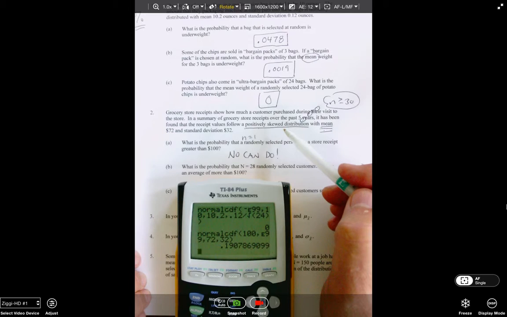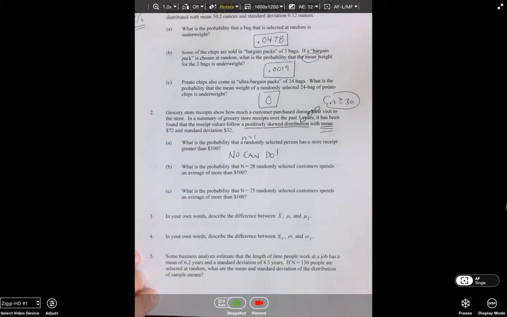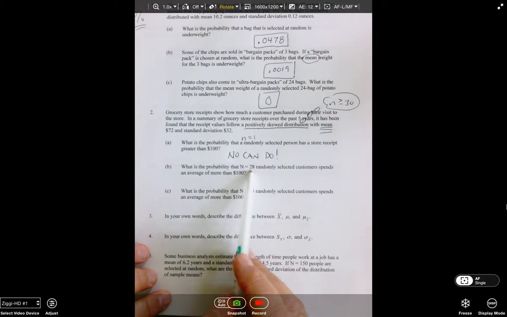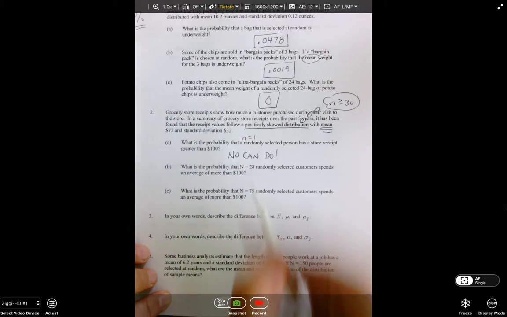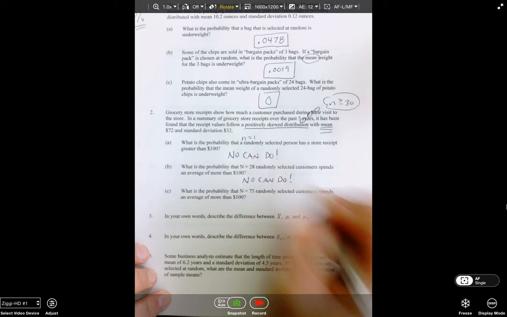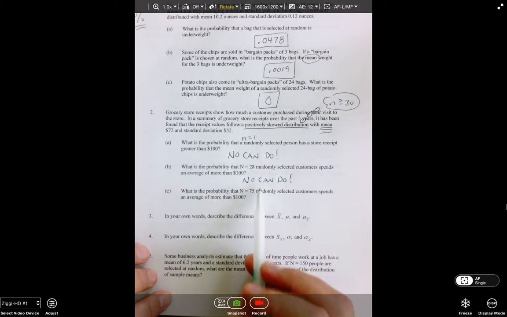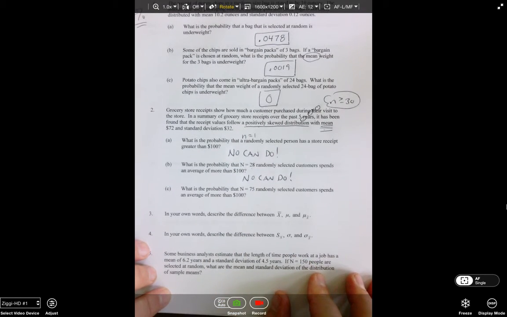We have a positively skewed distribution, and we need sample size 30 or bigger. What's the probability that n equal 28? Well, that's close, isn't it? But it's still, guys, there's something magical about 30. You could get a pretty good approximation because this is close to 30, but it wouldn't be close enough.